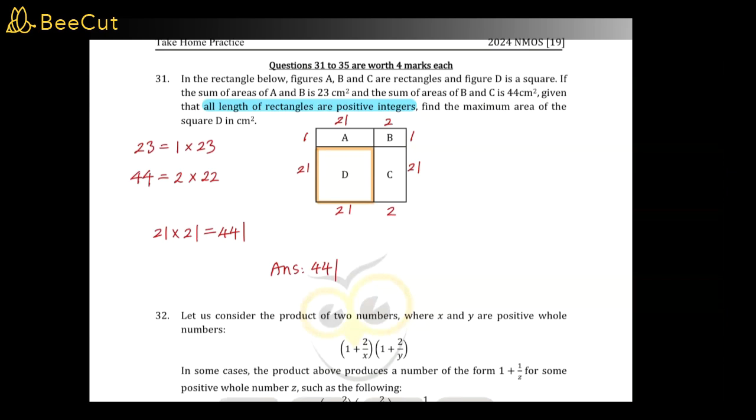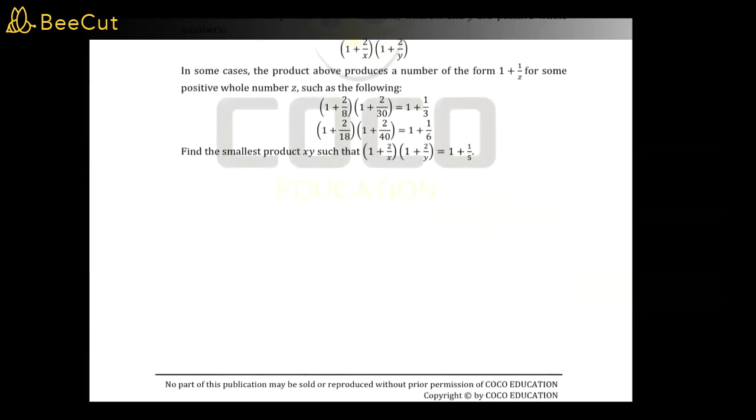Okay, now for the next question. So let's simplify the expression. First, we expand the bracket. Right, so we use the following method: first, outside, inside, and last.